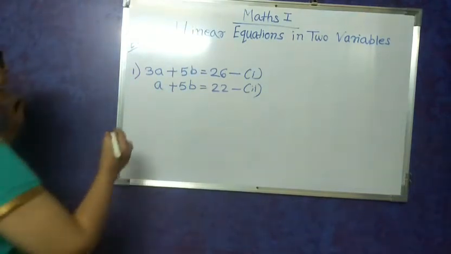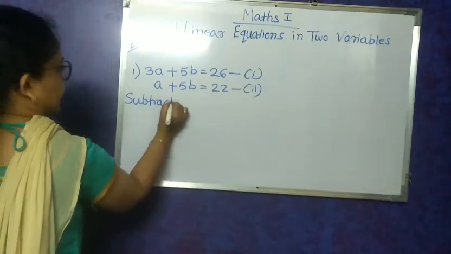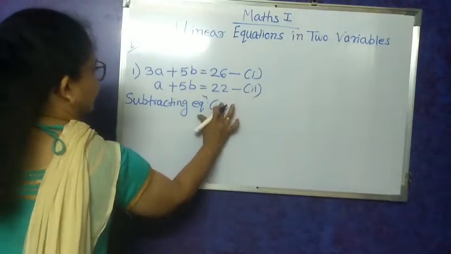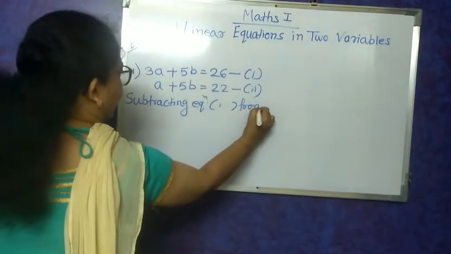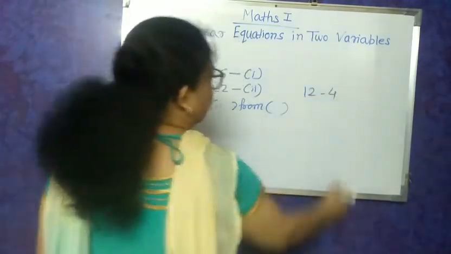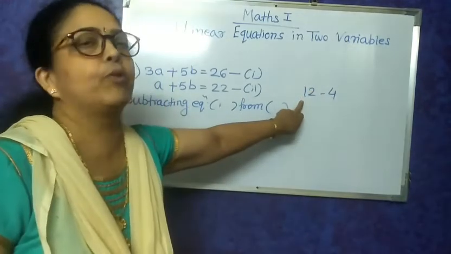So what will you write? Subtracting equation dash from dash. Why did I write dash from dash? Now see, 12 minus 4. How will you say it? Subtracting 4 from 12.